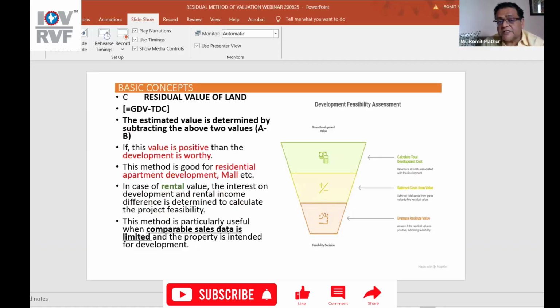This method is good for residential apartment development, malls, etc. In case of rental value, the difference between the interest on development and rental income is determined to calculate the project feasibility. This method is particularly useful when comparable sales data is limited and the property is intended for development. So as we can see, this is a method that you use for development properties and can be used for malls and wherever there is revenue by sale or by lease.